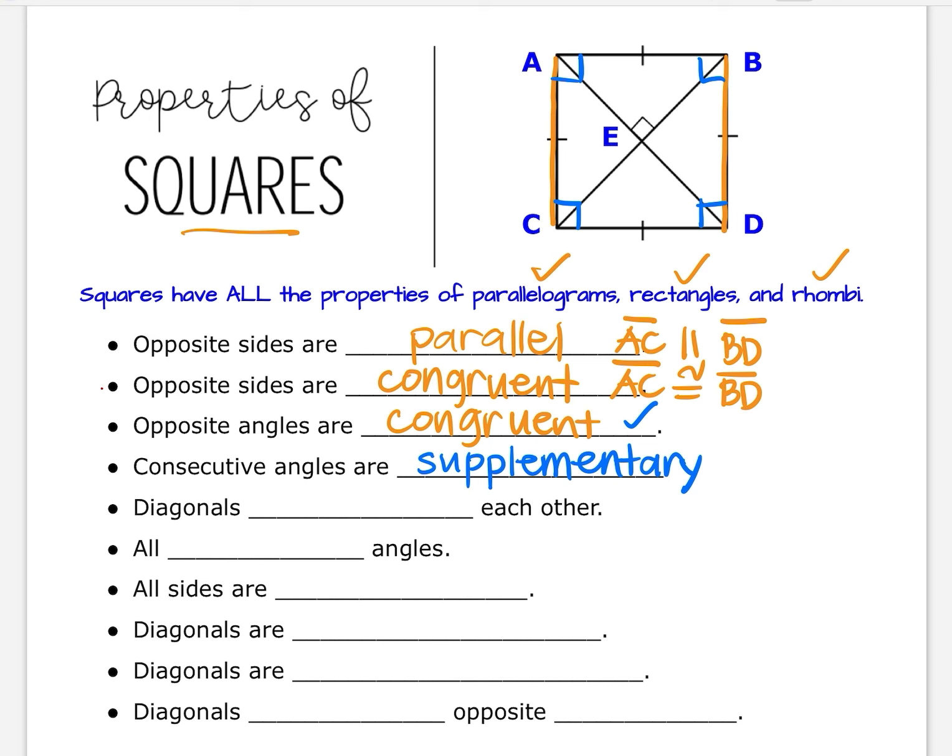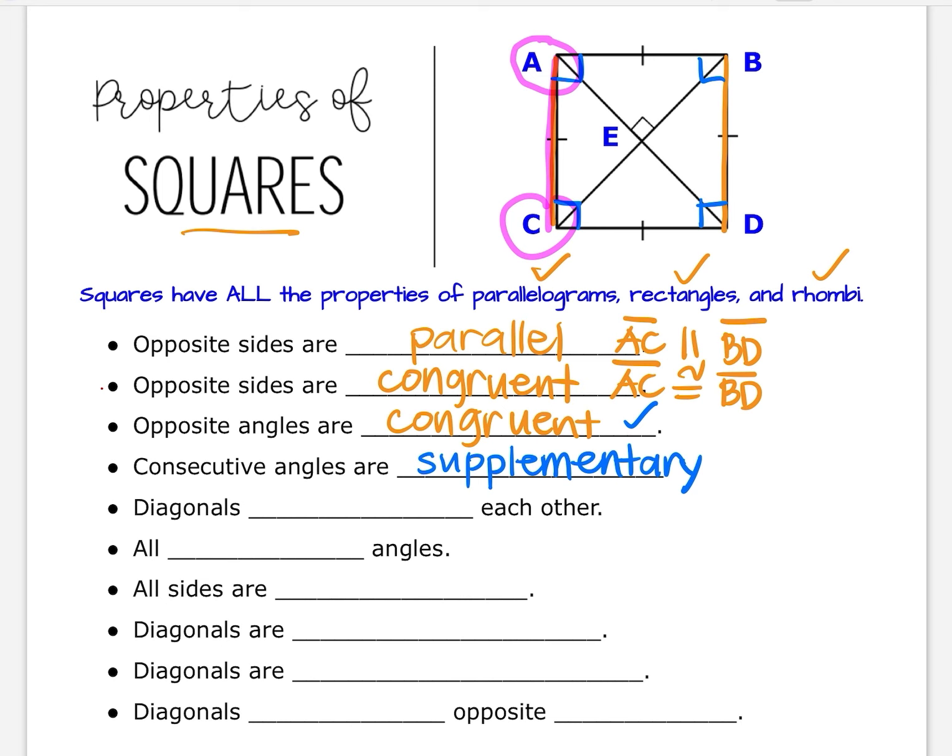So if we are going to go back to the same example earlier, let me highlight. So consecutive angles are this angle and this angle. They share a common side. So if I am to add these two angles together, it is going to be equal to 180 degrees.